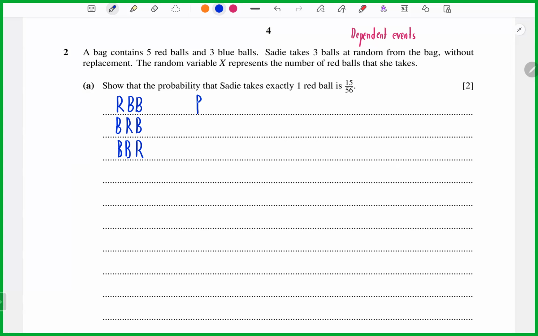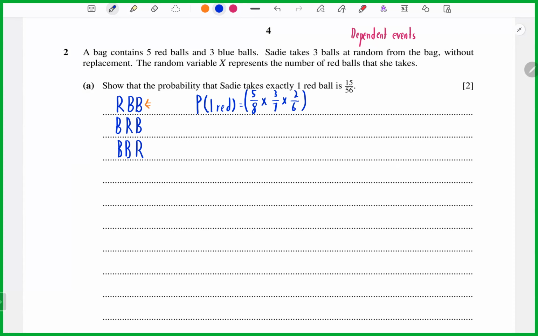Probability of one red, let's use this part. Red ball, how many? 5 over 8, multiplied by blue, which is 3, and the sample is already reduced to 7, then 2 over 6.